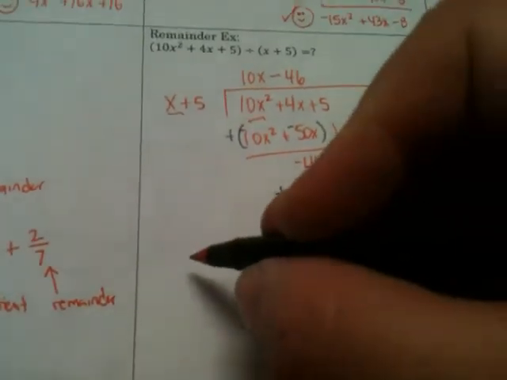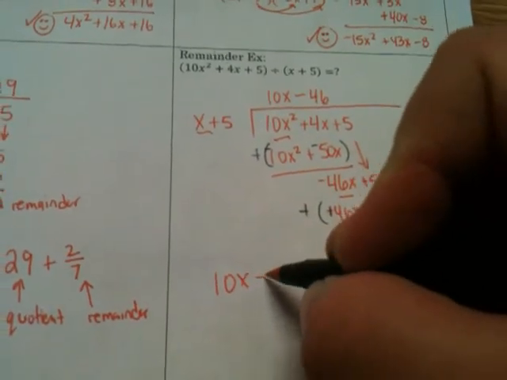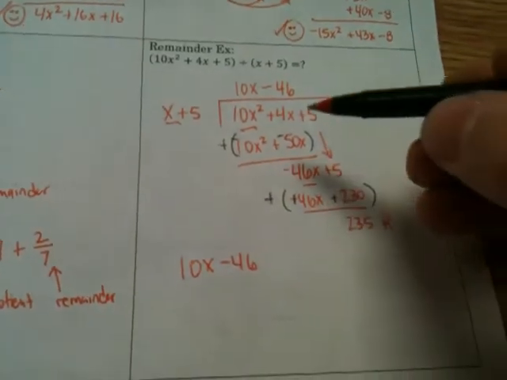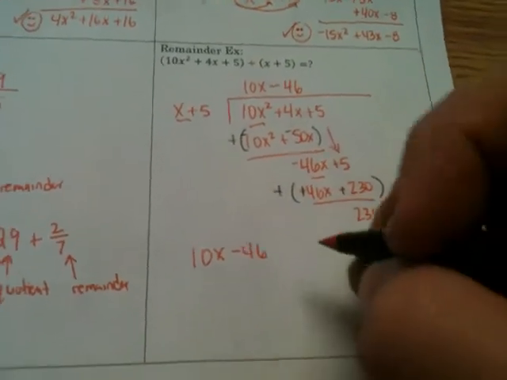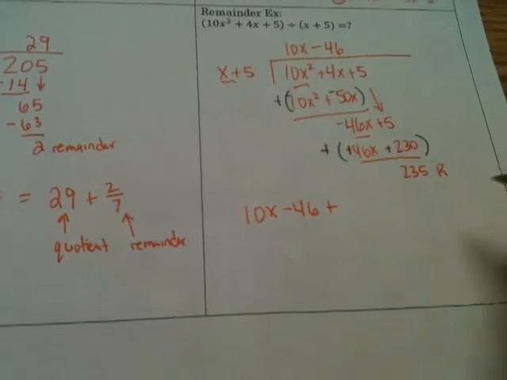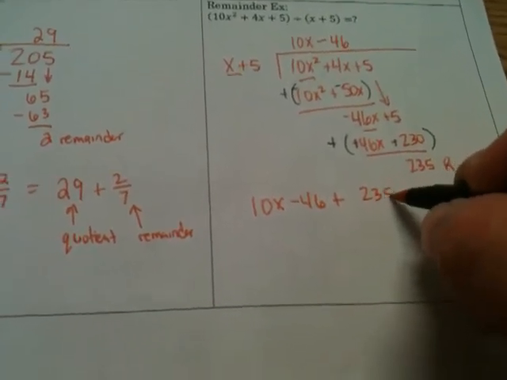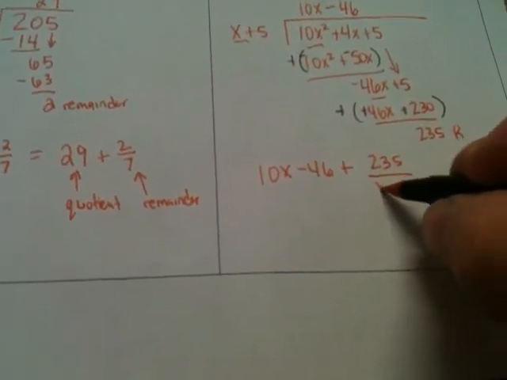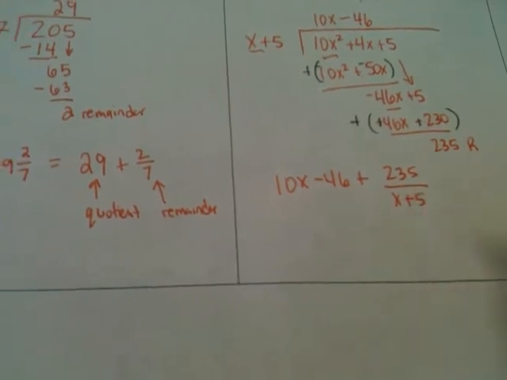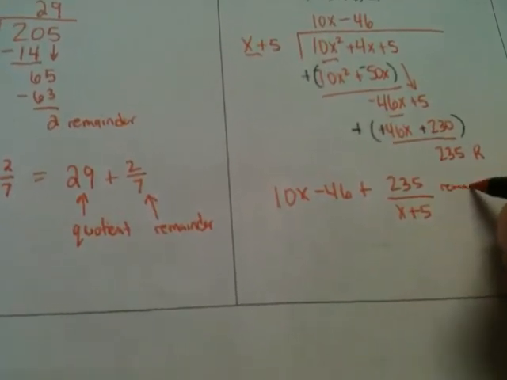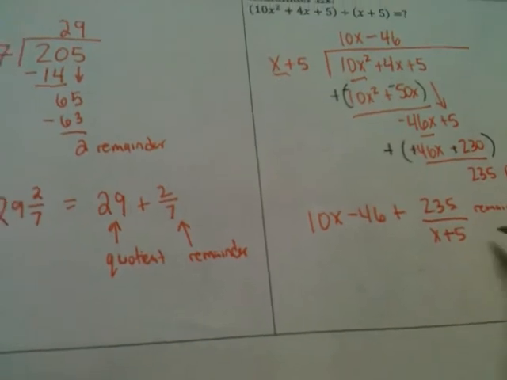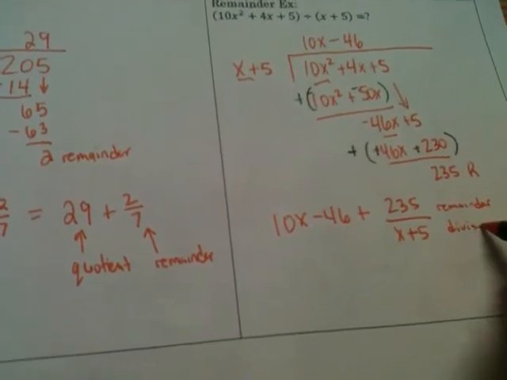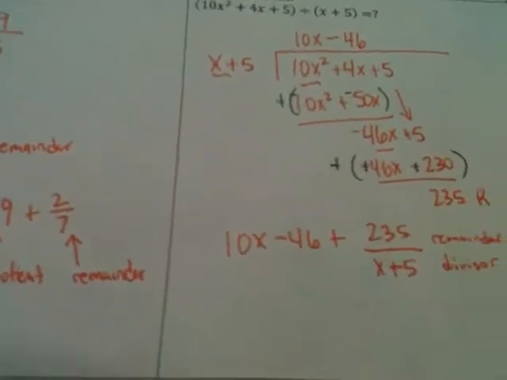Okay. So the final answer is going to be 10x minus 46. That comes from the top. Plus the remainder over the divisor. Okay, this is remainder over divisor.